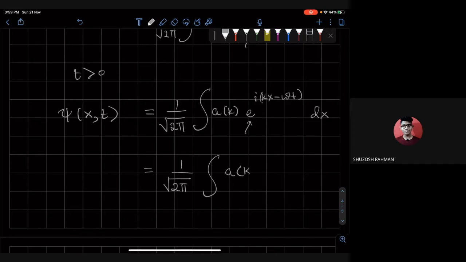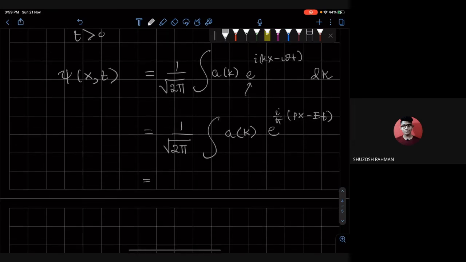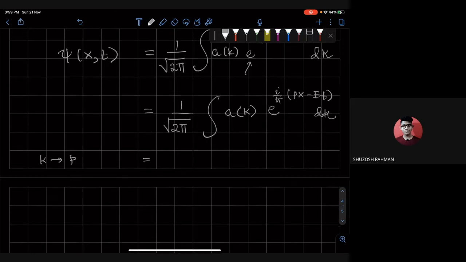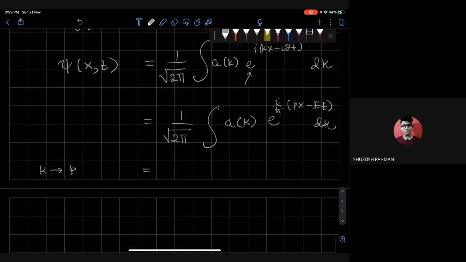And we can write it in a more physically revealing way by replacing k by p over h bar, and omega by E over h bar, so i over h bar (p x minus E t). So this should not be x, this should be k. And then we can say, okay, let's just go from k to p as our integration variable. And if I do that, then there's a dk here. How is k related to p? Well, k is equal to p over h bar, right?